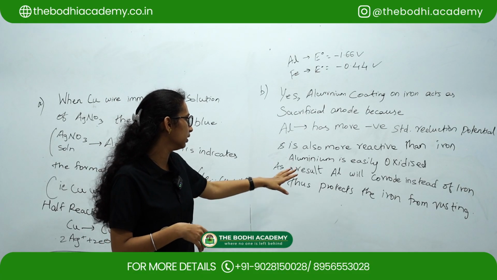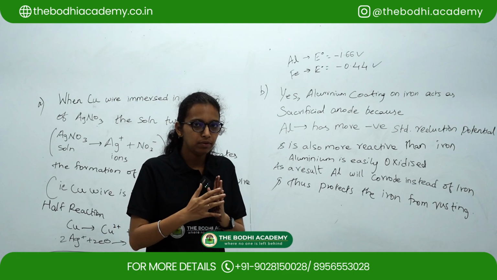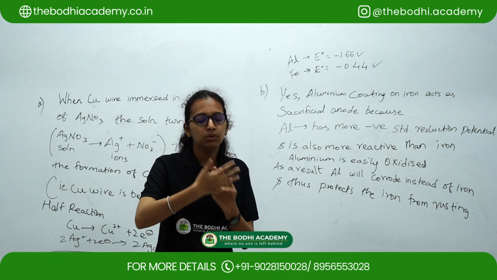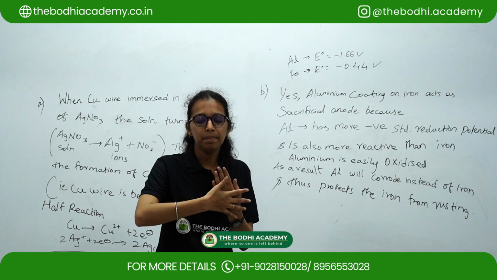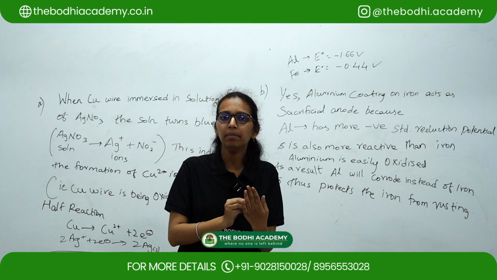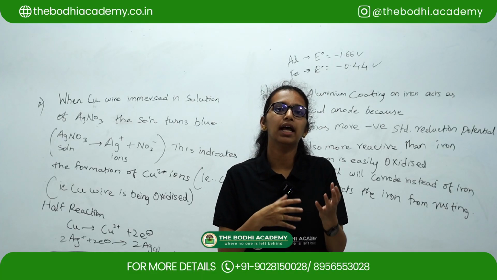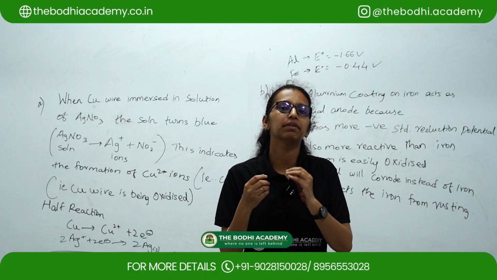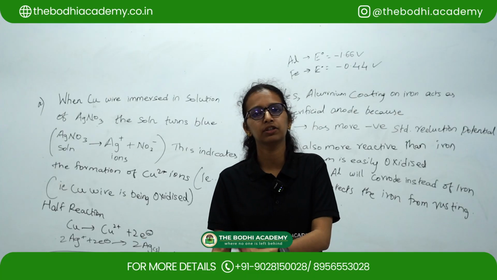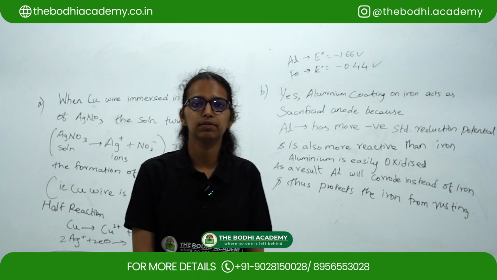So as a result, aluminium corrodes instead of iron. That's why when you do a coating of aluminium metal on the iron, it protects the iron from getting corroded, because aluminium is more reactive than iron and it is having a greater negative standard reduction potential. So yes, that is the answer for that.